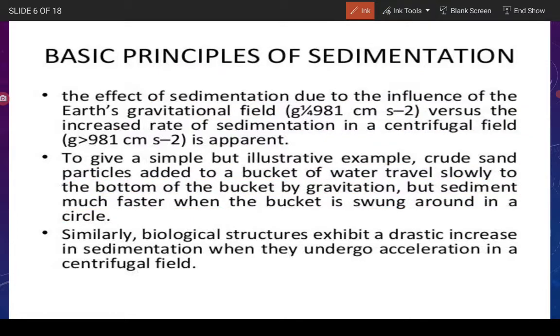So what it is saying is that, for example, you take a bucket and you put sand particles and water inside of it, and you keep it at a place without moving it. So what would happen? Due to the Earth's gravitational force G, the sand particles will slowly come downwards and settle at the bottom while the water will remain upwards.